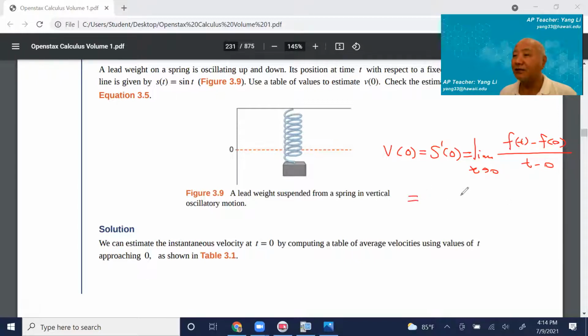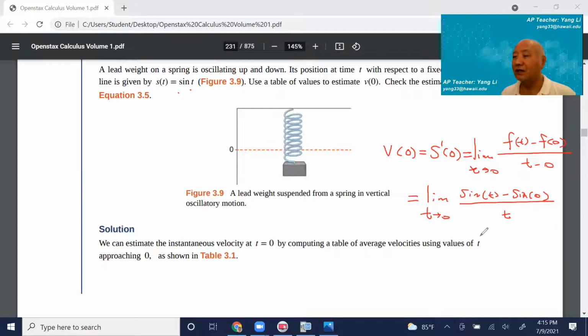And then from here, we can plug it in. This is the limit as t approaches 0. f(t) here is just sine t, minus f(0). f(0) is sine 0, which is 0. And t minus 0 is just t.